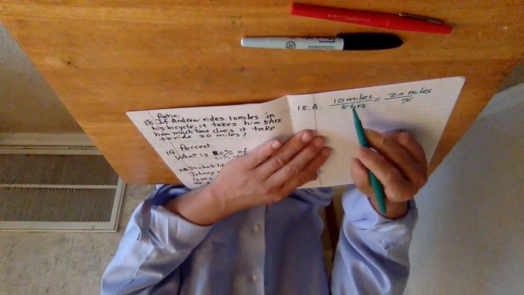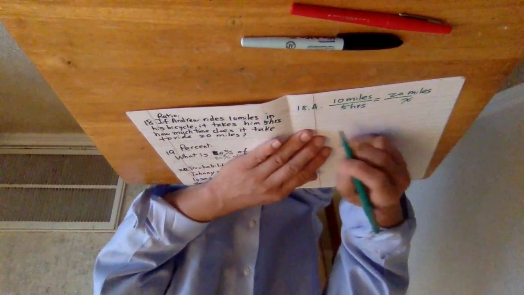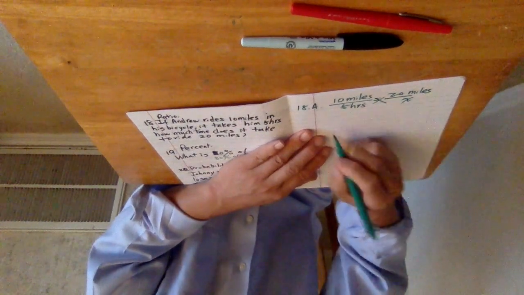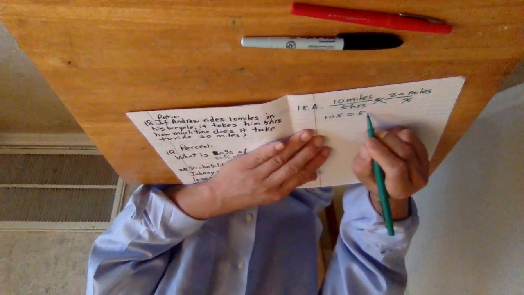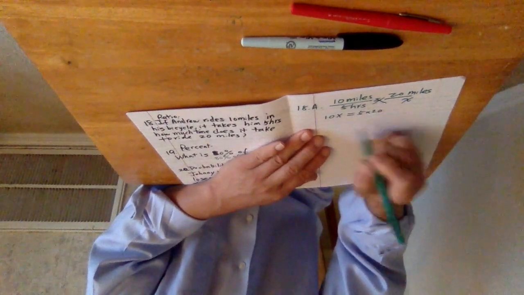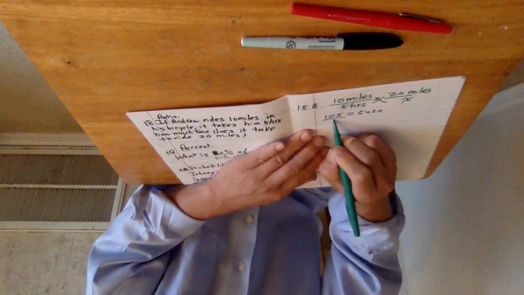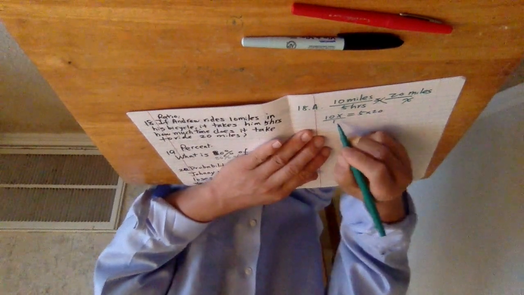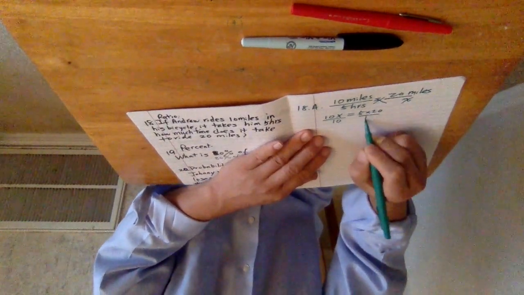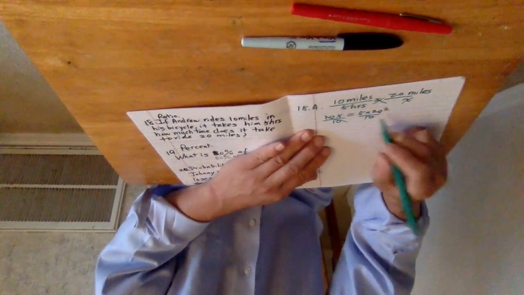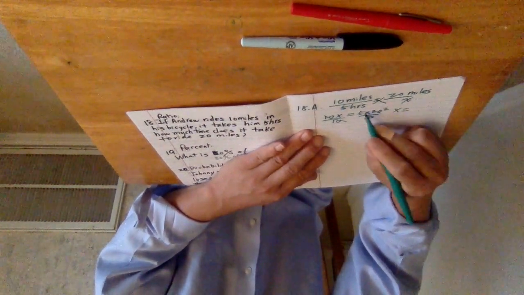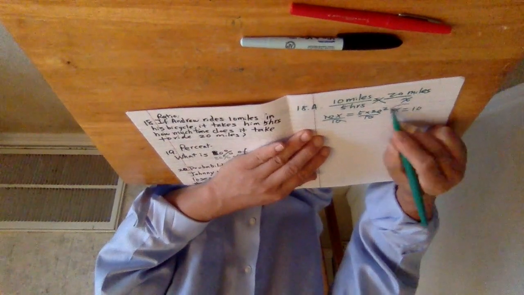We're going to see apple to apple, orange to orange, cross multiplication. So 10x equals 5 times 20. Simplify by the inverse operation of multiplying by 10, which is dividing by 10 on both sides. 10 goes into 20 twice, so x equals 2 times 5 is 10.